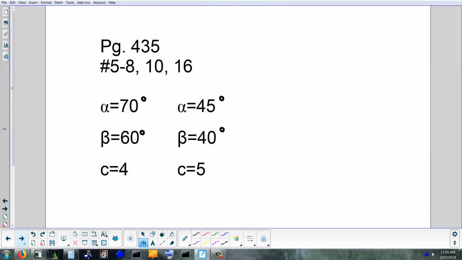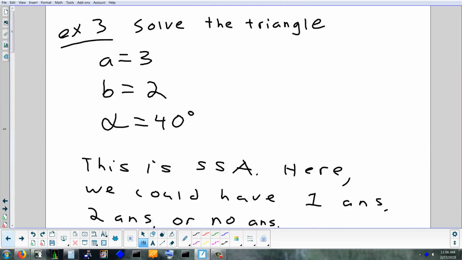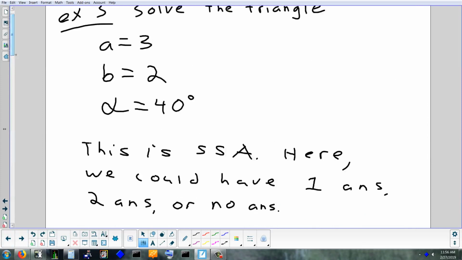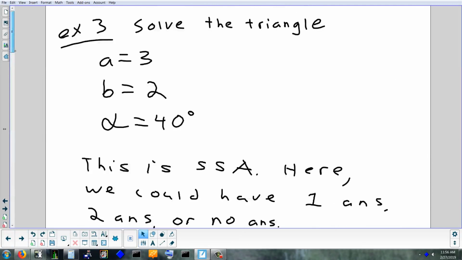All right, so the last one, I'm just going to tell you about it. The last one that we'll end up doing tomorrow is side-side-angle. Out of all the types that we have, the ones we've done today so far, and even the ones you're going to learn with law of cosines, this is the one type you have to be careful of something.